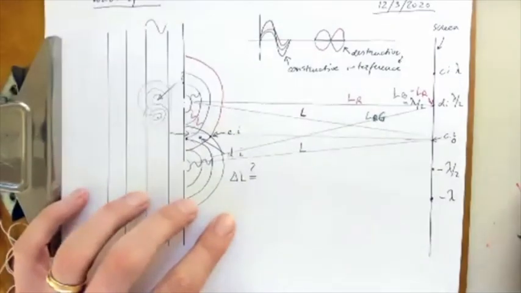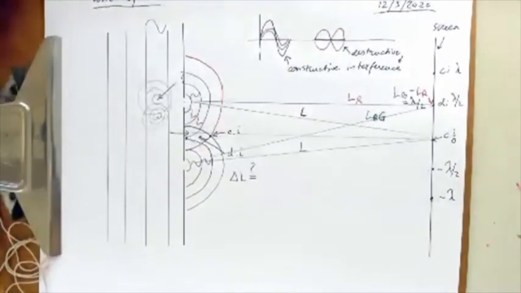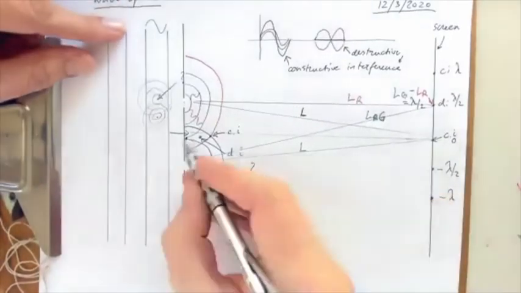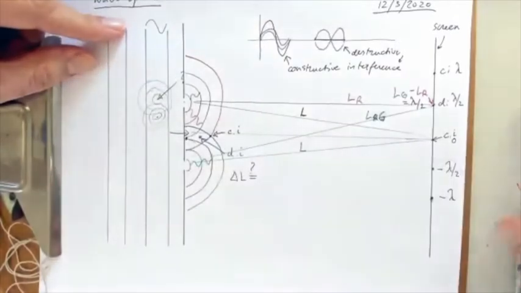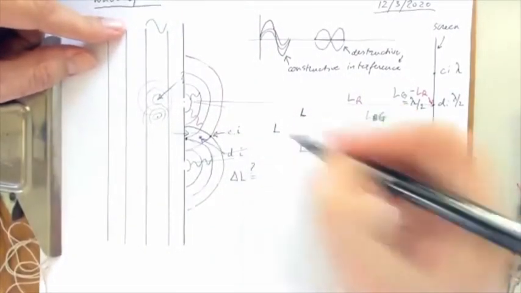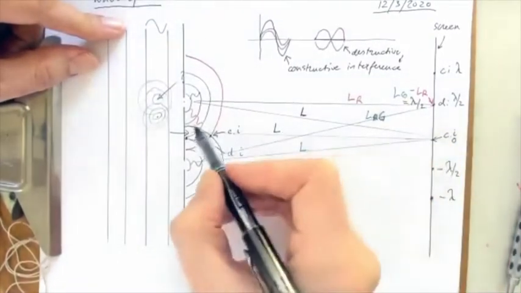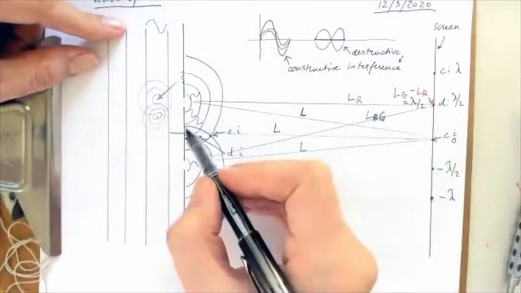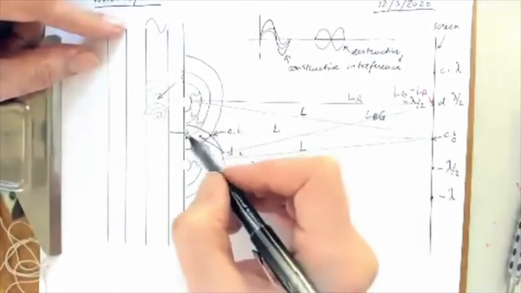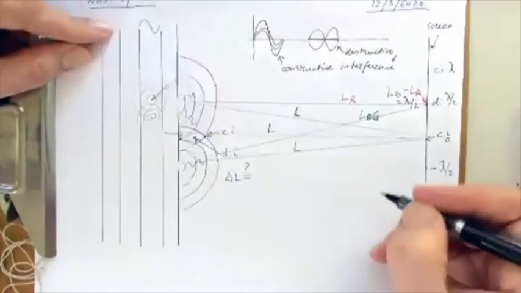You need to know a couple of things. The first is this variable: this distance, which is L, is the distance from the thing with the two holes in it to the screen. So we're going to call that L.